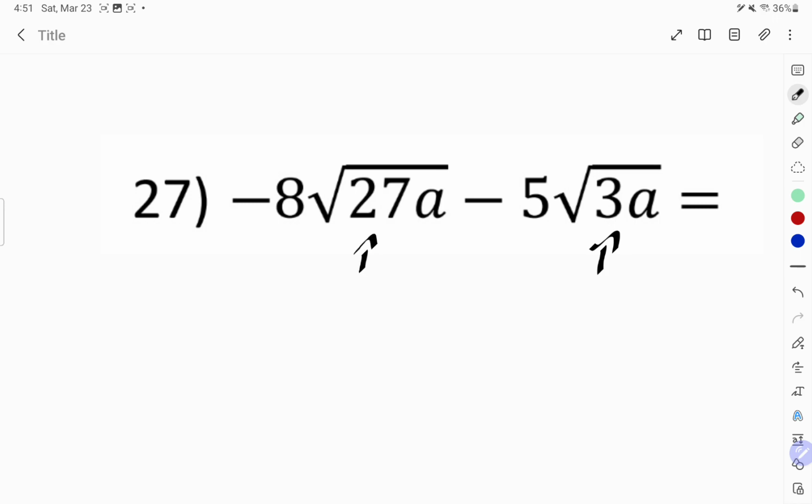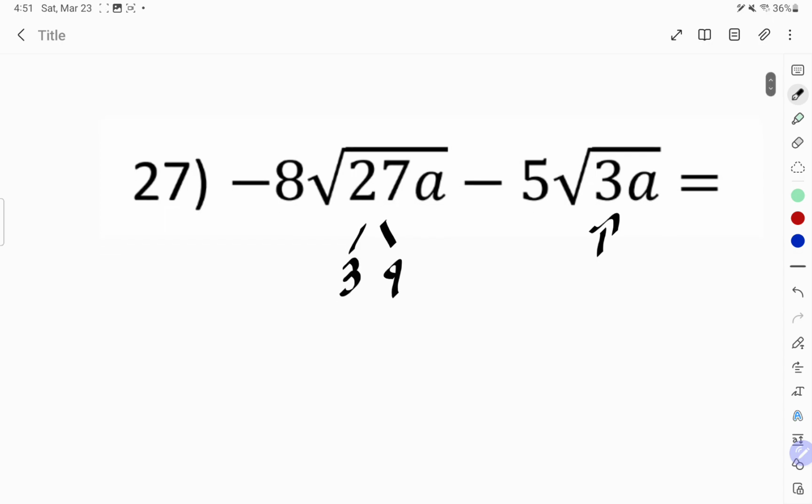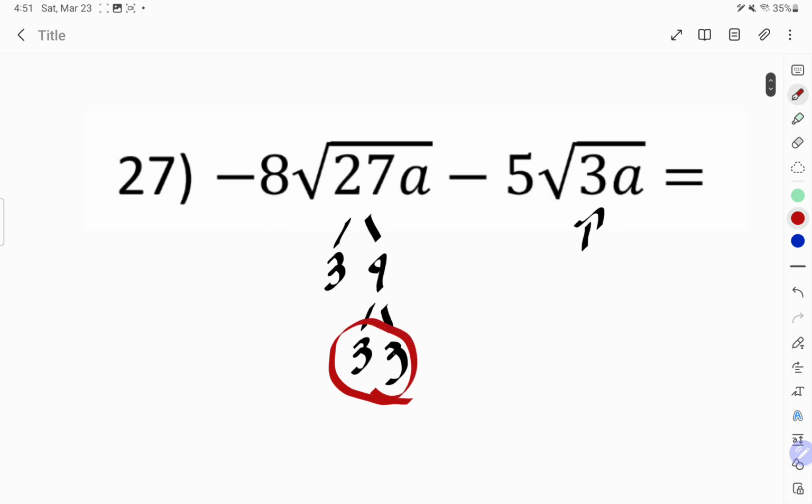I'm pretty sure I'm going to be able to do something with this 27, or else this wouldn't be a problem, right? So let's simplify 27. 27 can be broken into 3 and 9. 9 can be broken down into 3 and 3. Now I'm going to circle every group of 2. So I have a group of 2. I'm going to underline this loner because that's going to stay inside of a radical.